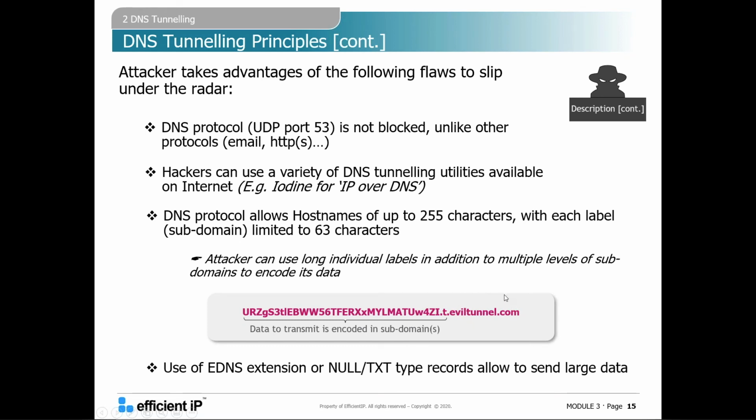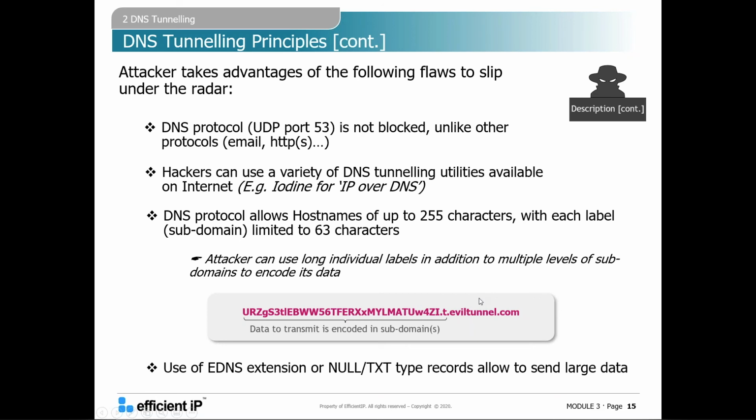From a firewall perspective, they don't do deep packet inspection or DNS transaction inspection of the query being performed by the client. So they just let the query bypass and head straight to the internet.